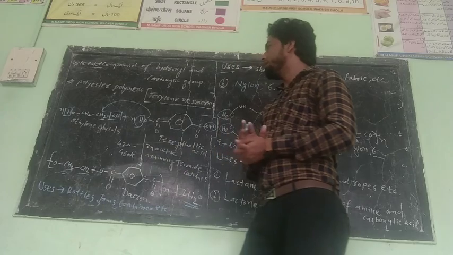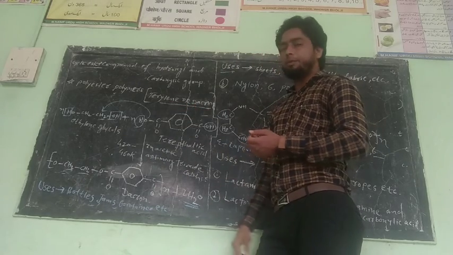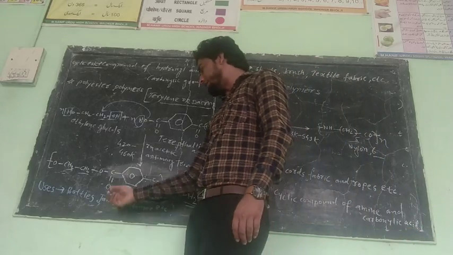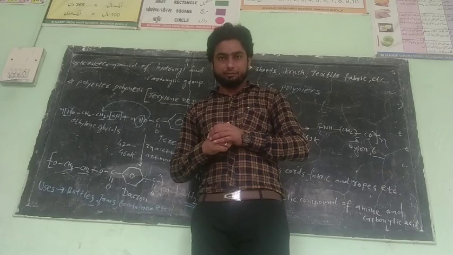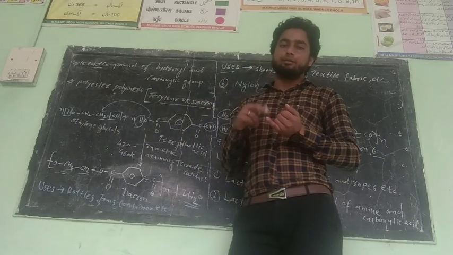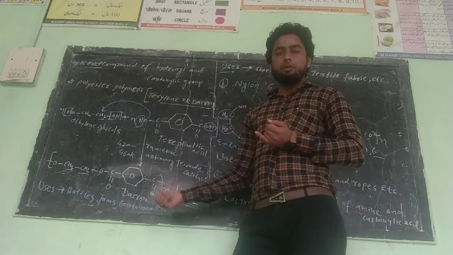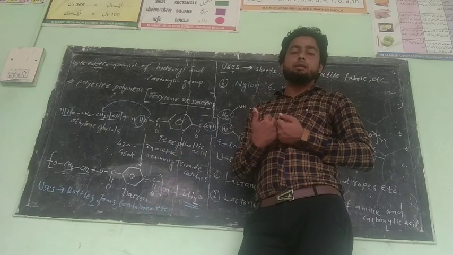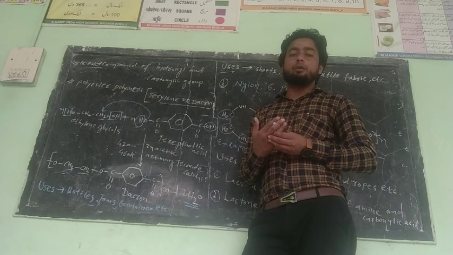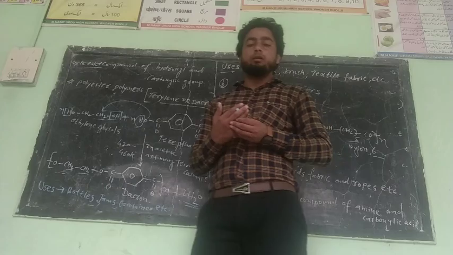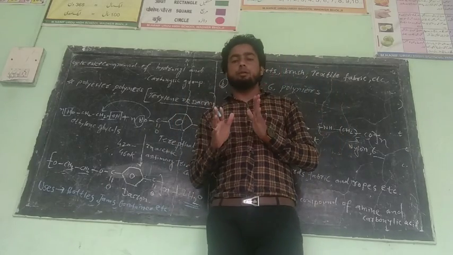Now these polyester polymers, terylene or Dacron, are used in the preparation of bottles, jams, and different types of containers. Clear? Fabrics, also jams and containers. Clear? These polymers are also called thermosetting polymers, because these polymers easily soften when we heat them and easily harden when we cool them. Clear?